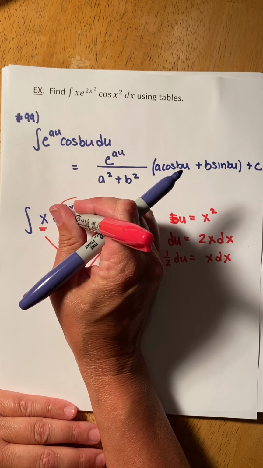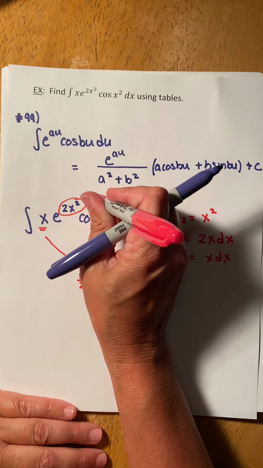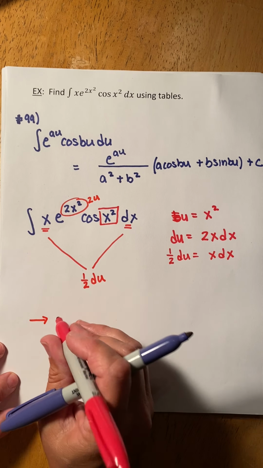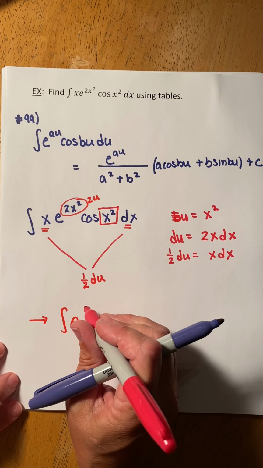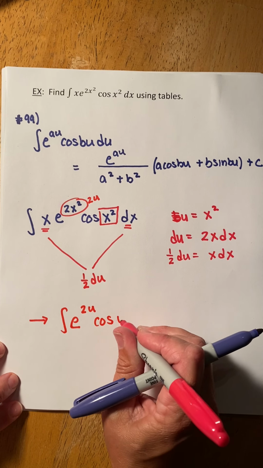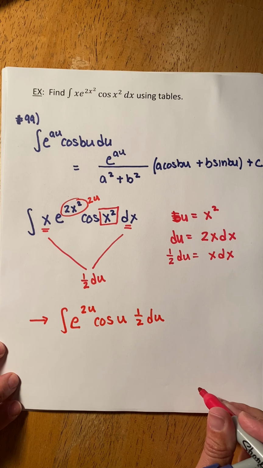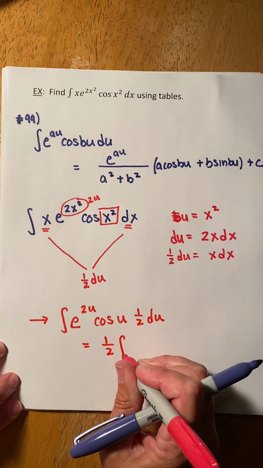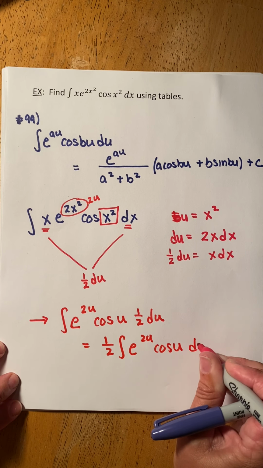And then right here, I have 2u. So this is equivalent to integrating e to the 2u cosine of just u, 1/2 du, which is equal to, I'm going to bring this constant out front, 1/2 the integral of e to the 2u cosine u du.